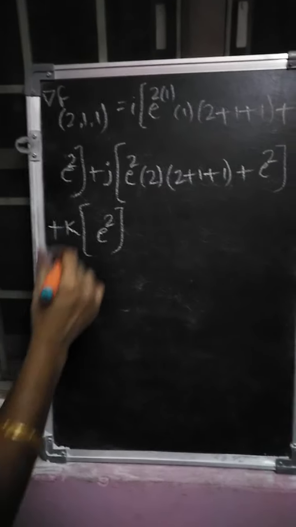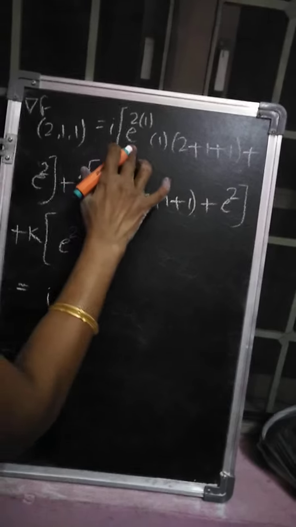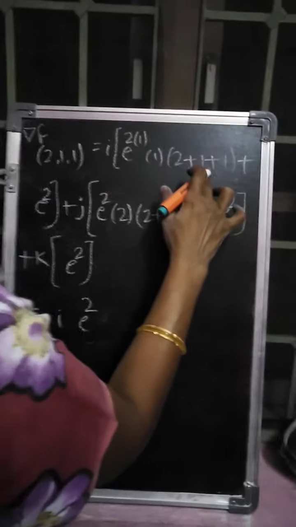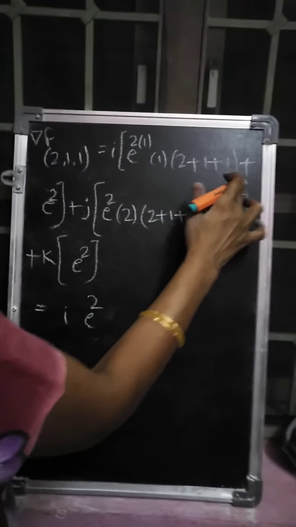So this is equal to i into e square. So here 2 plus 1 plus 1, so that is 4.